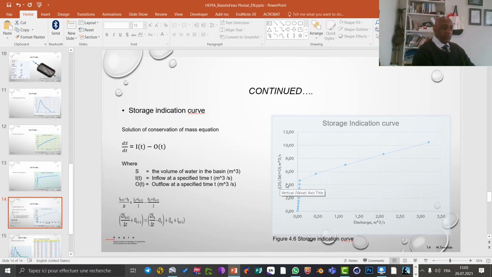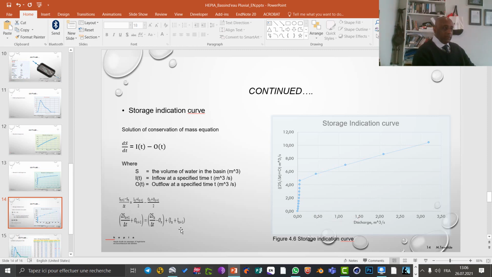The equation, as we have said, has a value. We can calculate here. Because we have the value, we use that value to look for the discharge.